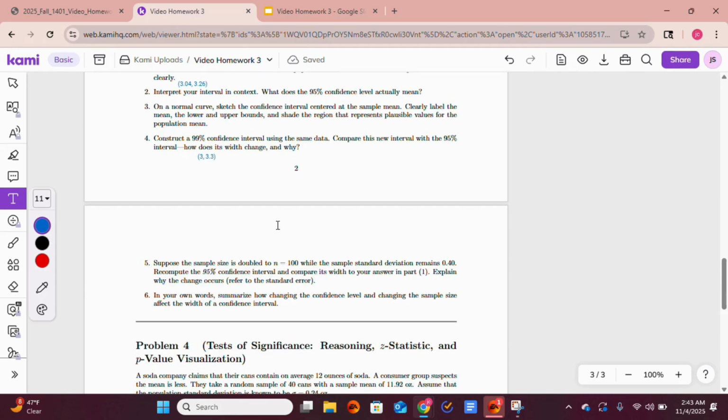Now for question 5, it says, suppose the sample size is doubled to n equals 100, while the sample standard deviation remains 0.40. Recompute the 95% confidence interval and compare its width to your answer in part 1. Explain why the change occurs. To do this, we first find the standard error by dividing 0.4 by the square root of 100 to get 0.04. And that is shown here.